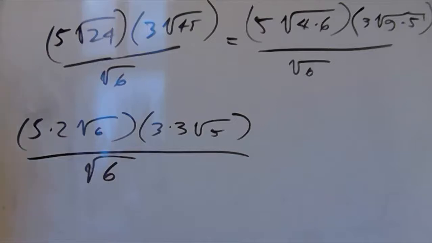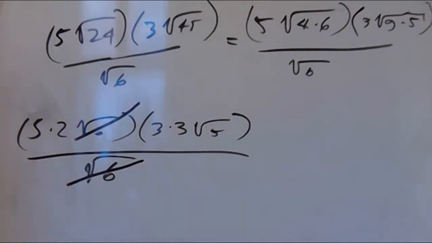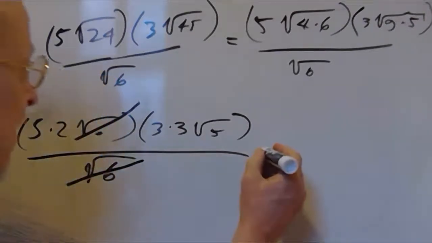What's really neat about what we just did is that this is all multiplication. We don't have any addition or subtraction in this, so we can do some canceling out. We can cancel out the square root of 6 from here and the square root of 6 from here, which makes things a lot easier.